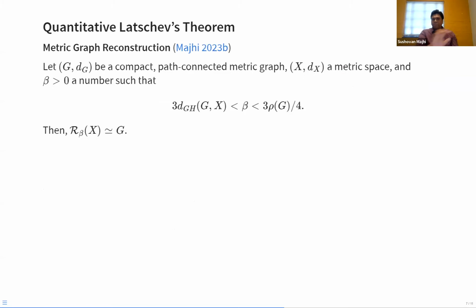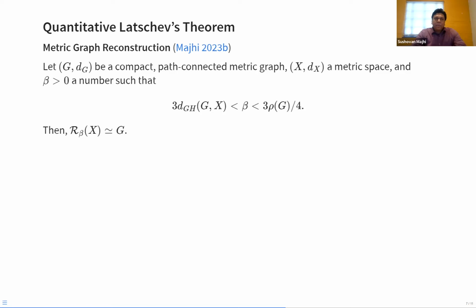All right. Moving on, last year, there was a development, and metric graphs have been reconstructed using the same Latschev-type theorem.